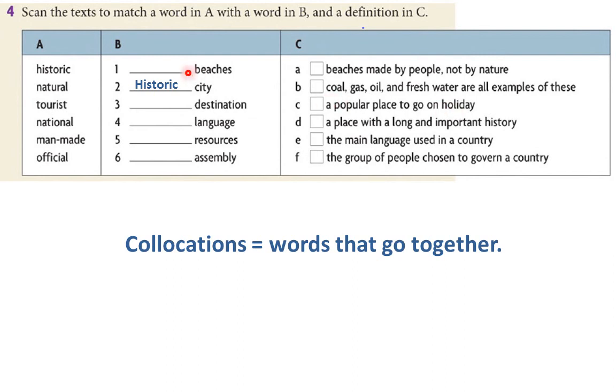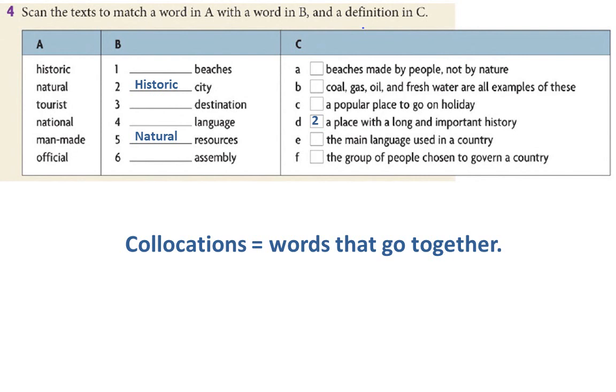It should not be historic city. It may be other types of cities. So let's go to D. A place with a long and important history. So this definition matches the collocation historic city. So we can say historic city is a place with a long and important history. So number 2 matches with D.